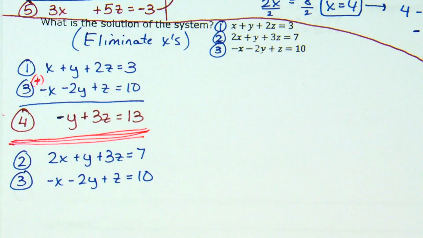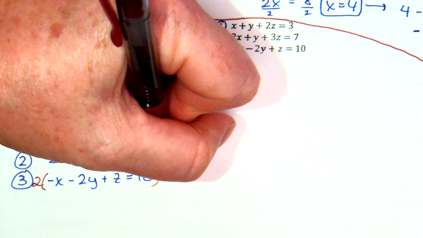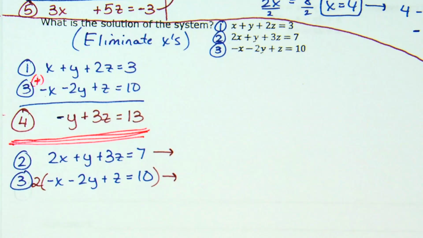As is, can I eliminate my x's? No. What do I have to do here to make these the same? Multiply equation 3 by 2. What about the top equation? Multiply by 1, but it stays the same, yes?